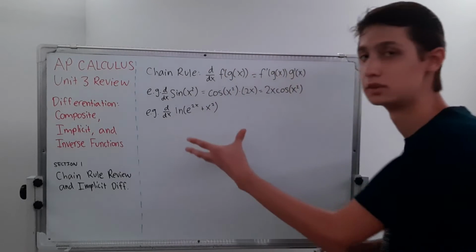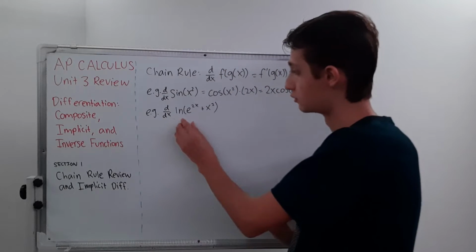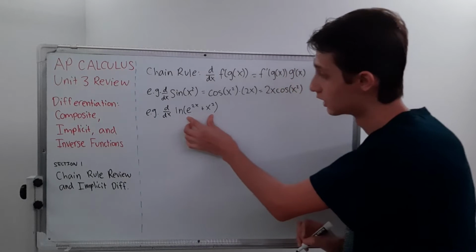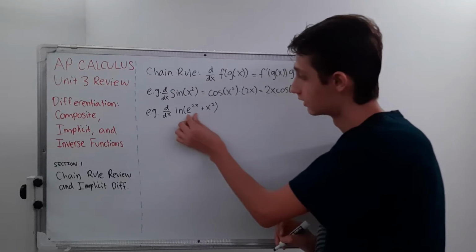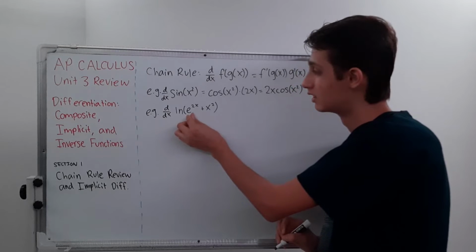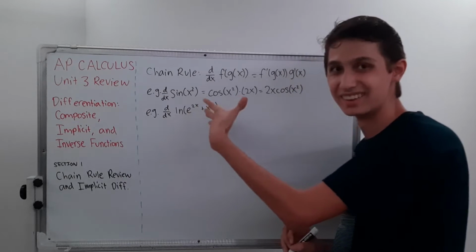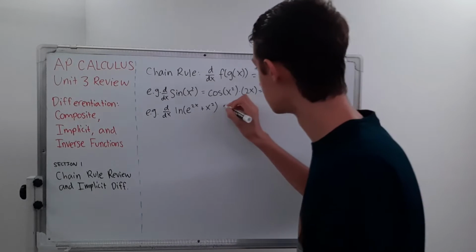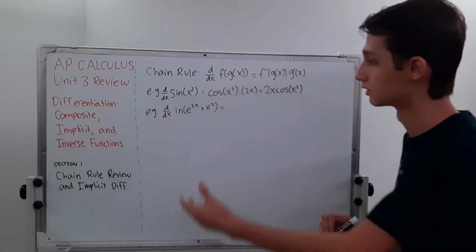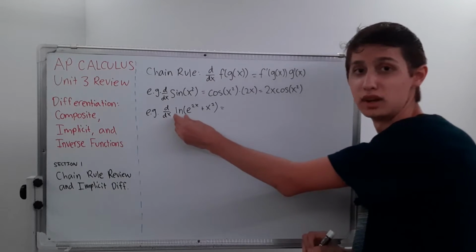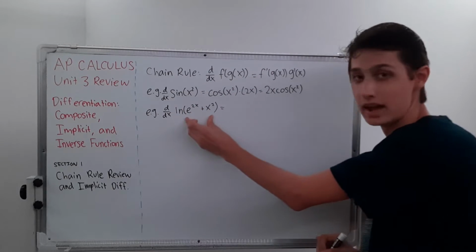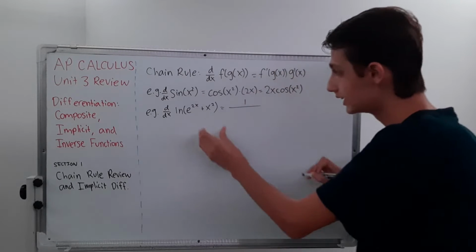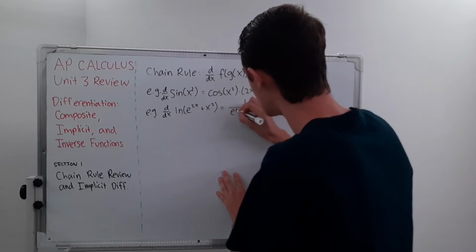So we have our outer function and our inner function, and part of our inner function has this outer function e to the 2x, which is another inner function. This is a little higher level, but we can definitely do it. The derivative of the natural log is just 1 over whatever we have here, so this is going to be 1 over e to the 2x plus x squared.